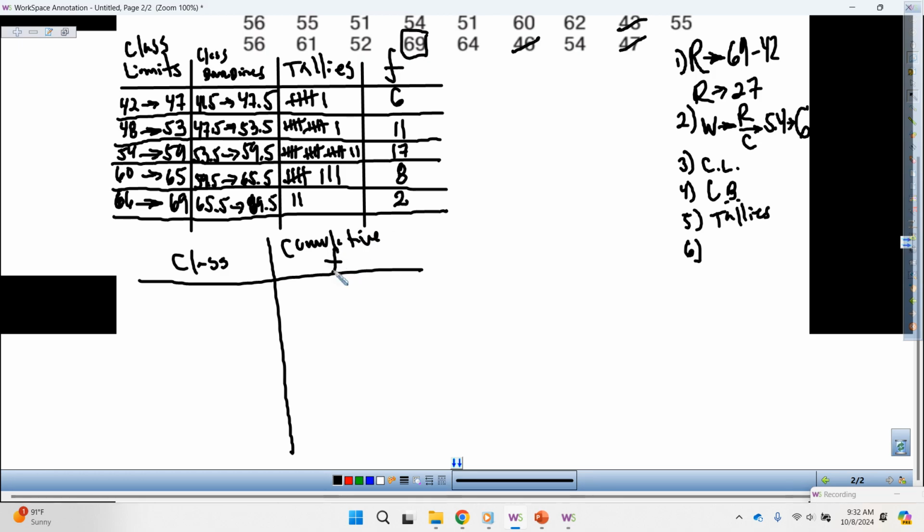So less than 41.5. Less than 47.5. Less than 53.5. Less than 59.5. Less than 65.5. And less than 69.5.